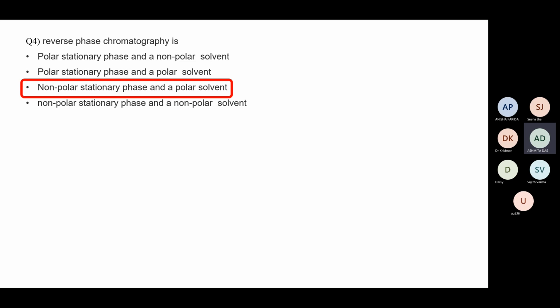Can anyone tell me what the mobile phase most commonly used in reverse phase chromatography is? What materials are most commonly used as solvent? Any idea?